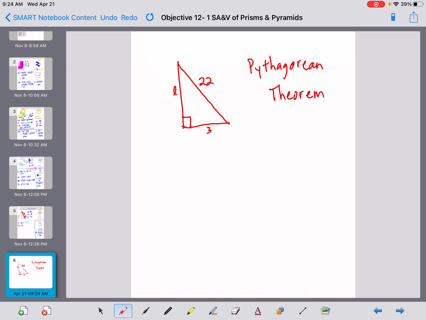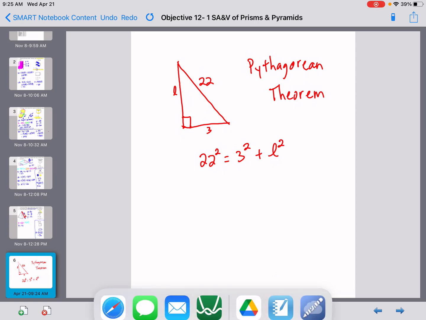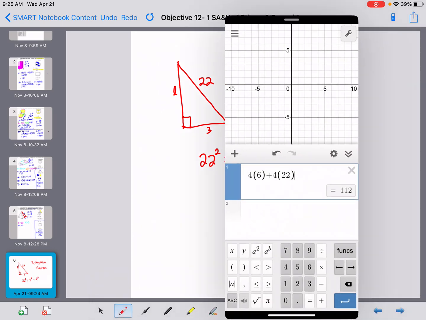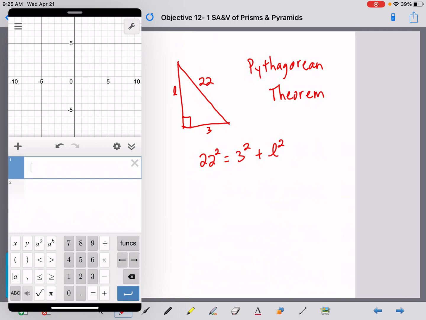Oh, Miss Bearden, when are we ever going to get to stop using the Pythagorean theorem? Never. Never, ever, ever are you going to stop using the Pythagorean theorem. He will be your best friend in life. You might be in a traffic jam one day, and you might be able to look around and realize that the best way to get out of that traffic jam is if you could use the Pythagorean theorem.